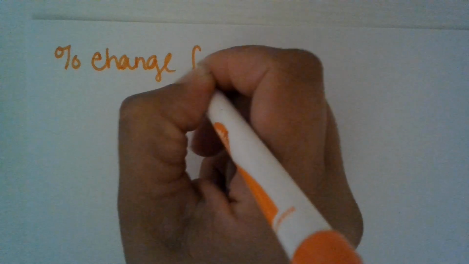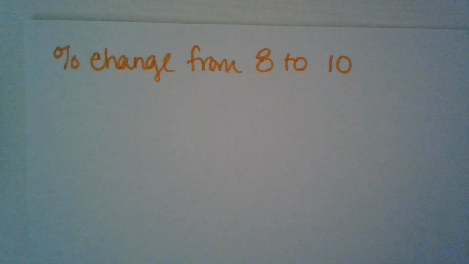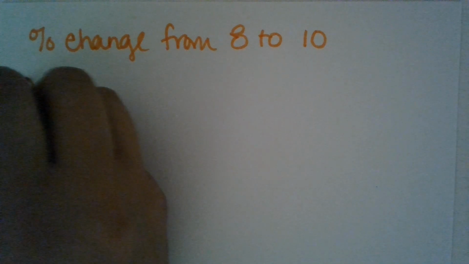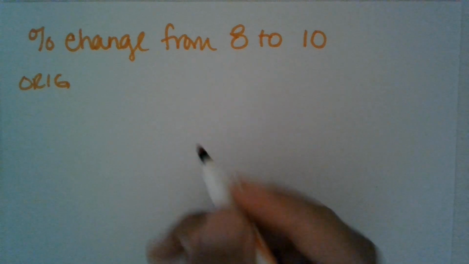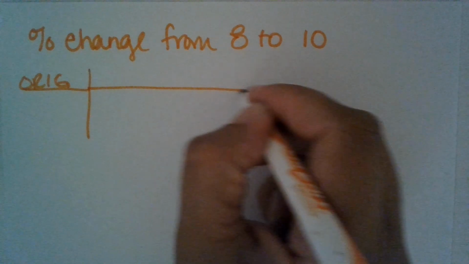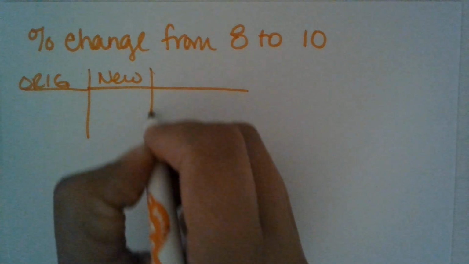So when I have a question and it says, what's the percent of change from 8 to 10? First things first, I need to know what the original number is to start with. What would the new number end up being? I need to find that out.